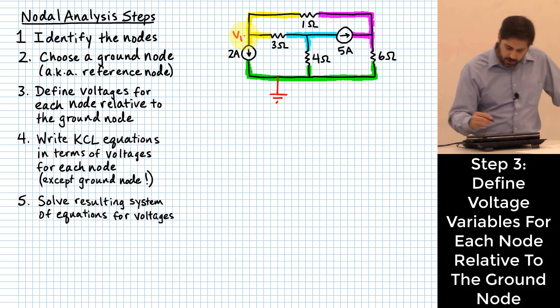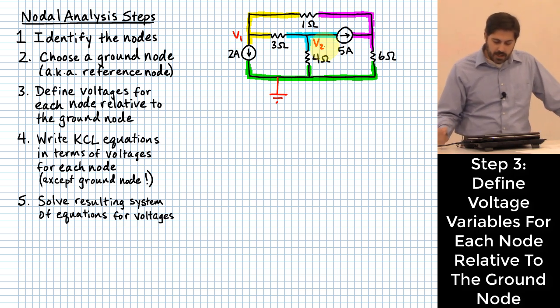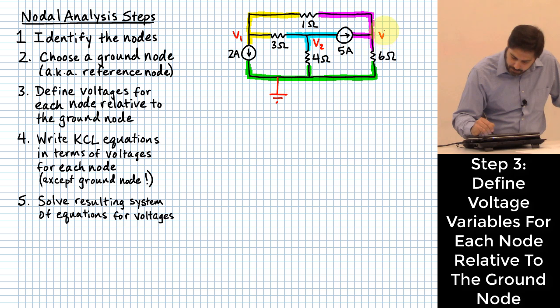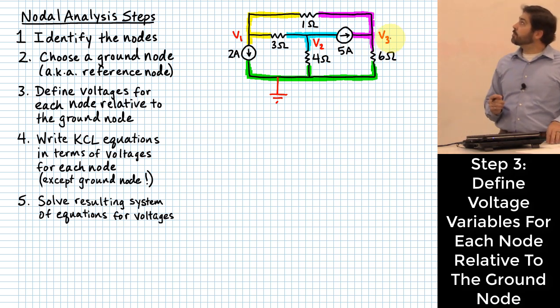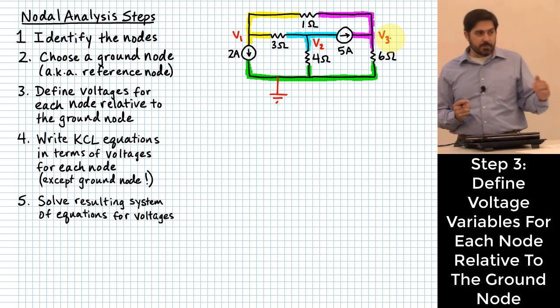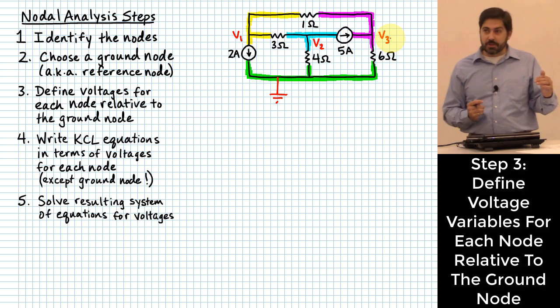I'll call the voltage on the blue node V2, and on the purple one V3. So I've now defined 3 different voltages relative to my ground node, and that's all you have to do with step 3.